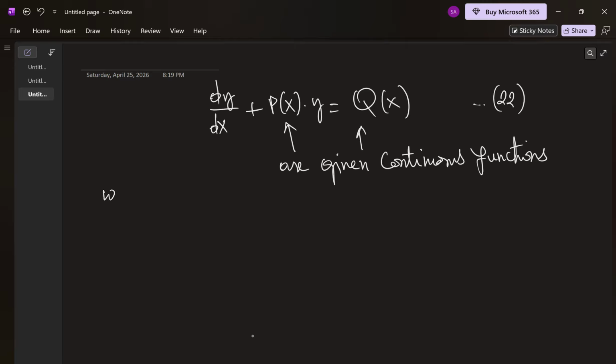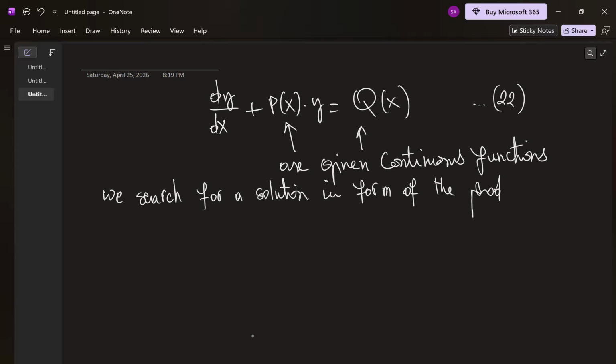So we will search for a solution in the form of the product of two functions, that is, y is equal to a function u(x) times another function v(x). Okay?